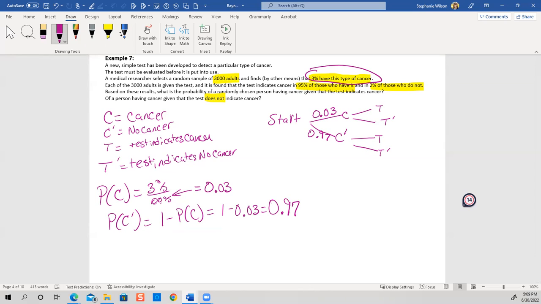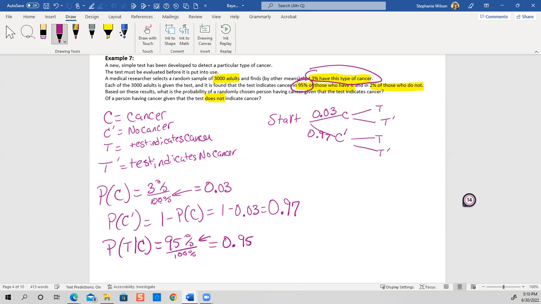Okay, the next thing we need to identify is the probability of the test. The probability of the test that indicates they have cancer, in the group of the cancer patients. So what did they say? Here it said 95%. Of course, we have to undo the percent, divide by 100, or move the decimal 2 places to the left.